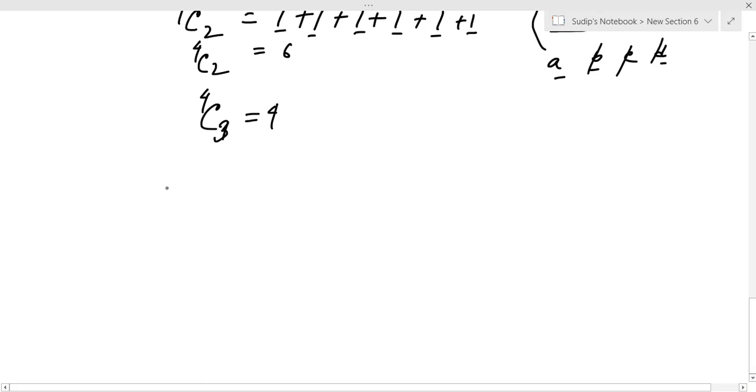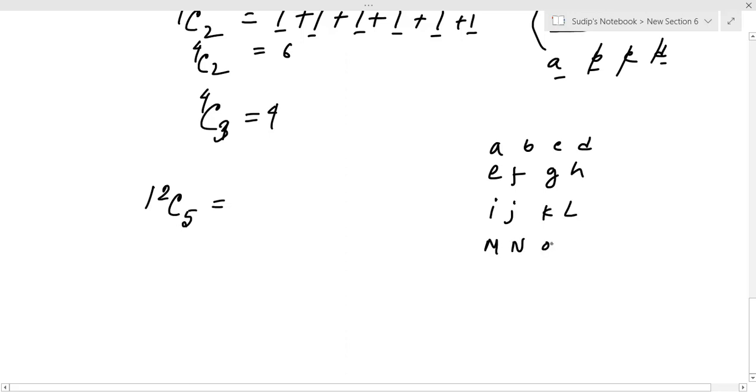Now if you are given 12C5, what happens? You have 12 letters like A, B, C, D, E, F, G, H, I, J, K, L. Now you have to choose any 5. What will we do? Okay, this is a problem.